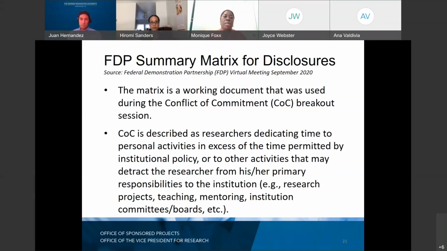So I just want to briefly point out the conflict of commitment is any time a researcher is dedicating time to personal activities in excess of the time permitted by GW, their institution, or to other activities that may detract the researcher from his or her primary responsibilities to GW.